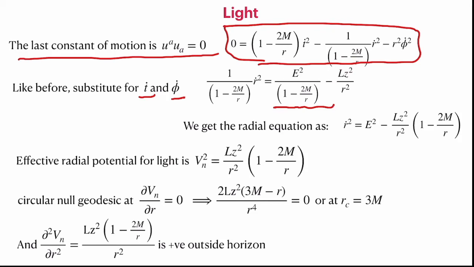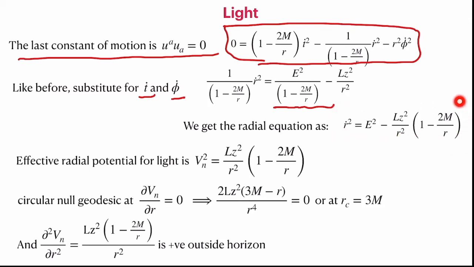The radial equation can be simply written as r dot square is equal to E square minus Lz square by r square into 1 minus 2m by r. There is one term missing compared to the time-like condition. That is what gives us a much simplified equation.